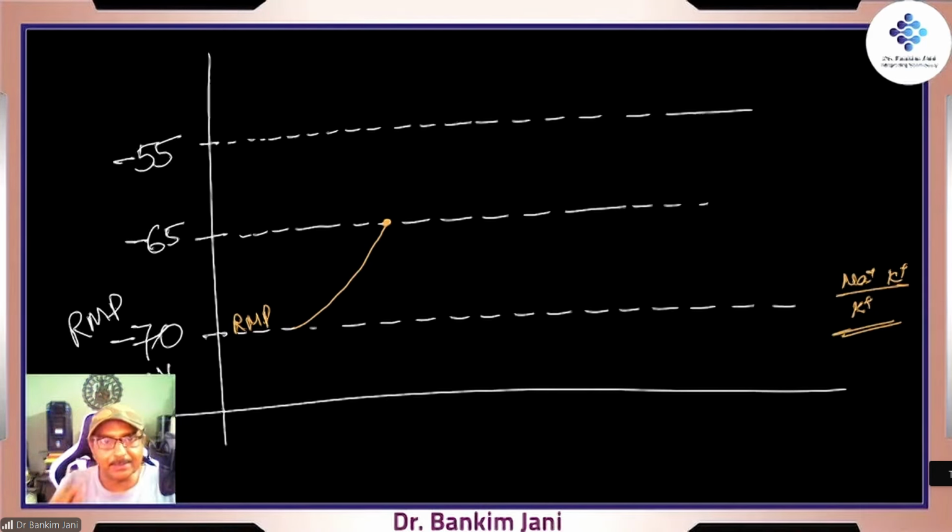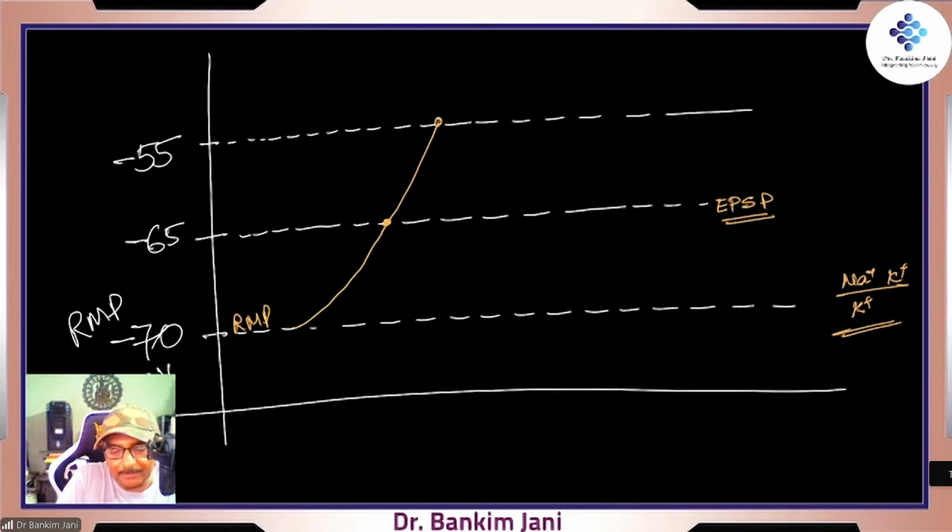So at -65, there is EPSP, excitatory postsynaptic potential. So it means at this point of time, because of the release of neurotransmitters, the sodium channels will open. When the sodium channels open, it will start gushing in, right? So it reaches to this level, -55.